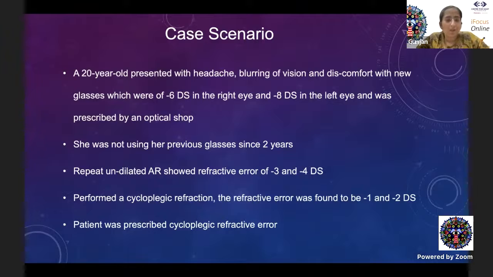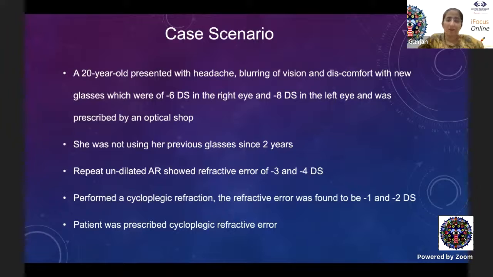So I repeated the undilated autoref, and it showed -3 and -4 diopter sphere. It was to my surprise that she was having glasses of -6, -8, and now my AR is showing -3, -4. So I performed the cycloplegic refraction, and the refractive error was found to be only -1 and -2. And she was finally prescribed the cycloplegic refractive error after the post-mydriatic test.